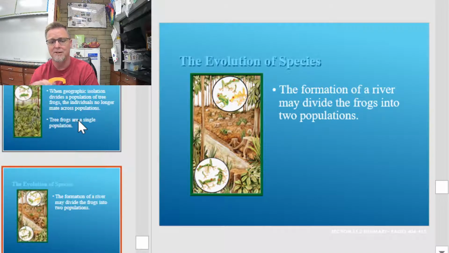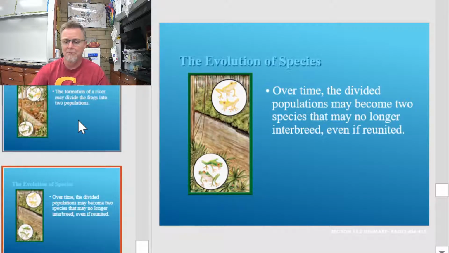Hey, good on you, because now you got good camouflage and you're fine. But if y'all are on the other side where all the trees have been cut down and you're green, you're in big trouble because it's brown over there, and you're going to stick out like a sore thumb. So only the frogs that are brown or maybe yellow are going to have good camouflage on the opposite side of the road, right? Or the river or whatever that is.